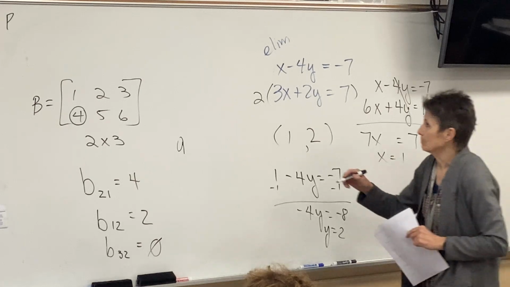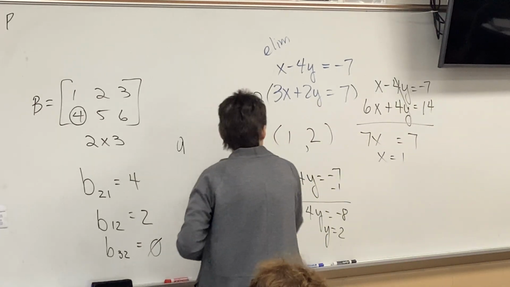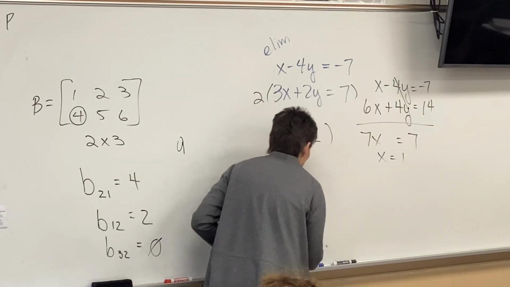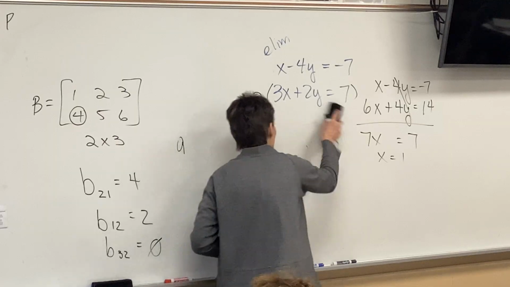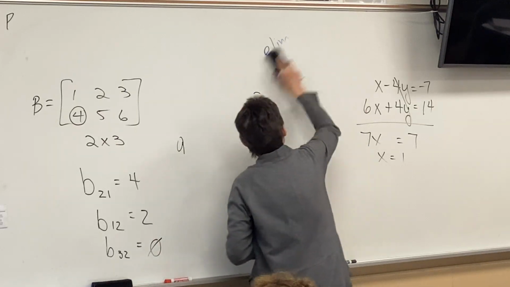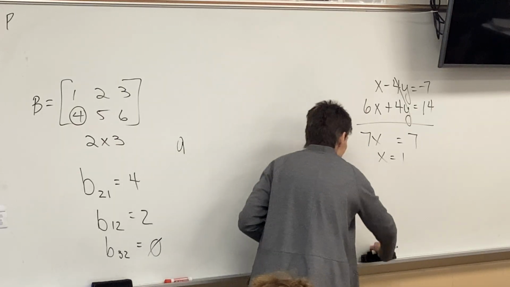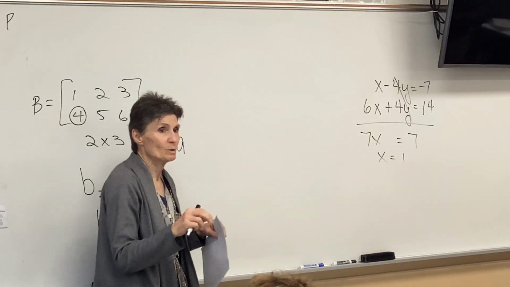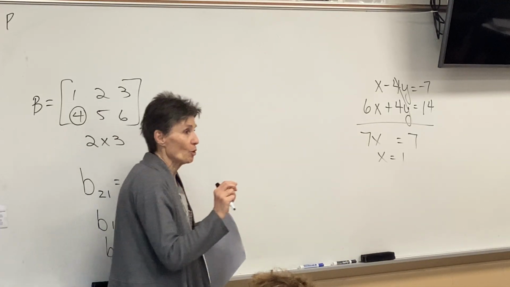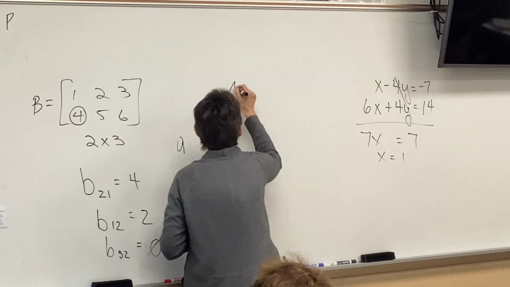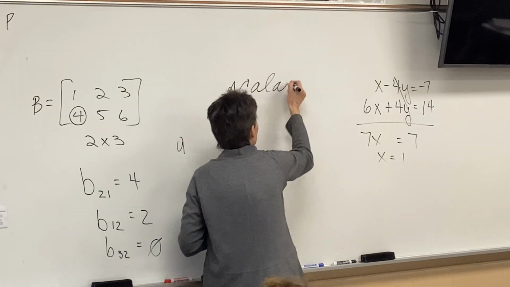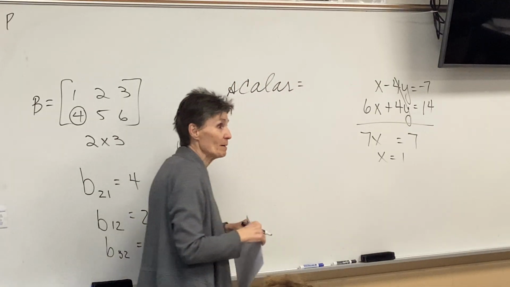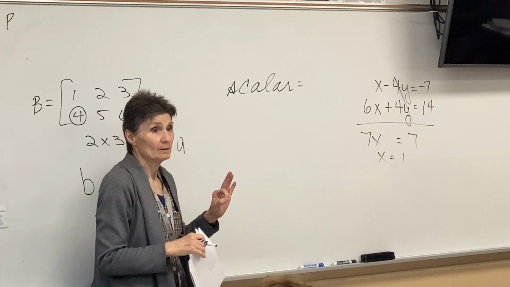That would tell me a scalar. Vectors and matrices have their own language. And we skipped chapter 6, which was the vector chapter, so we hadn't seen this language before. You have, if you're in physics, a scalar. You know what a scalar is? What's a scalar?